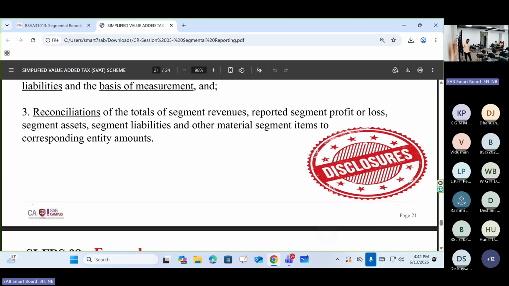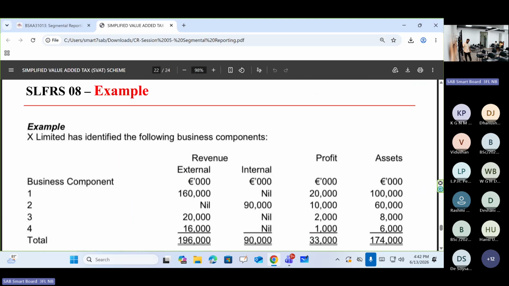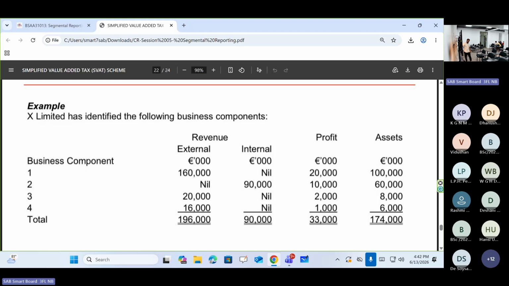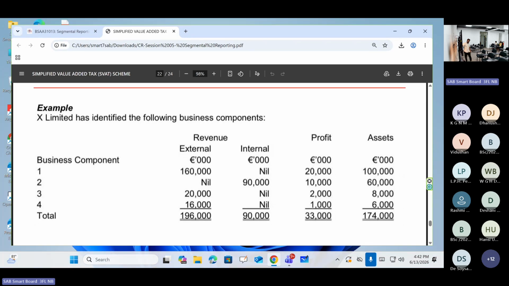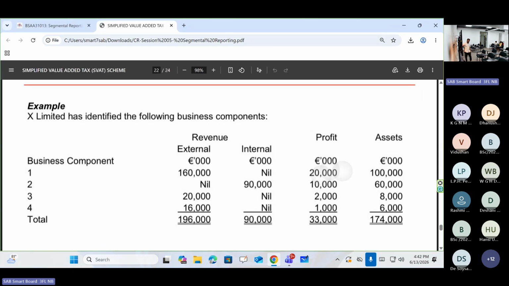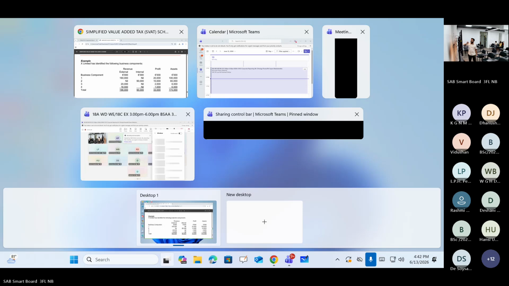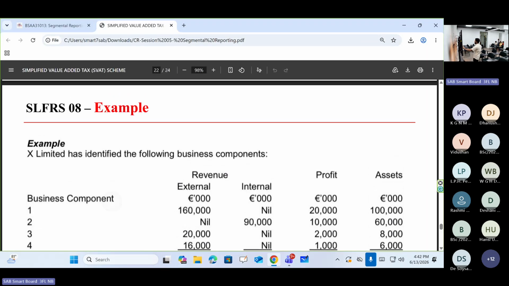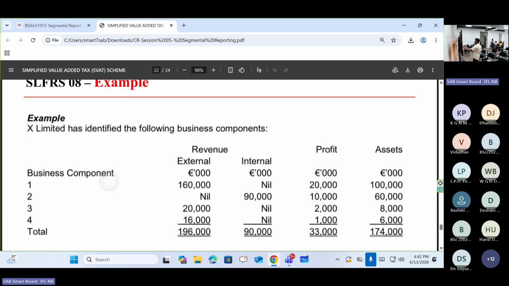The disclosures. Can you do this question, please? Here we have an example.